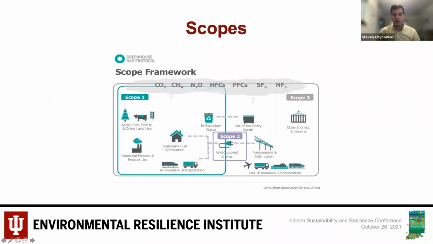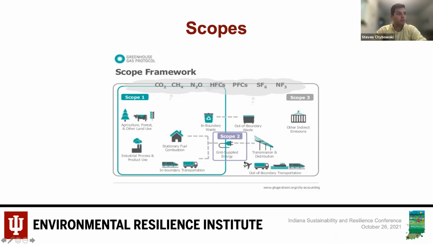So to help us visualize this, I have this chart here where on the left, you can see scope 1 emissions being everything that's actually happening within your boundaries. So in-boundary transportation, stationary fuel combustion, any in-boundary waste breaking down, and industrial processes and agricultural uses happening within your community.